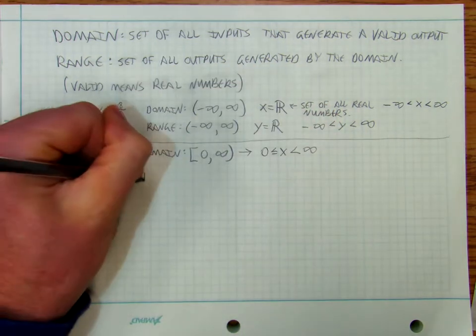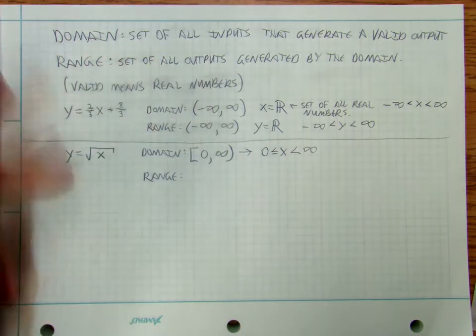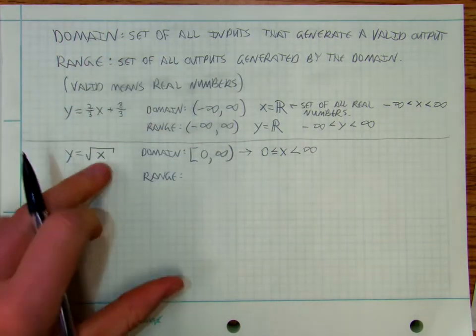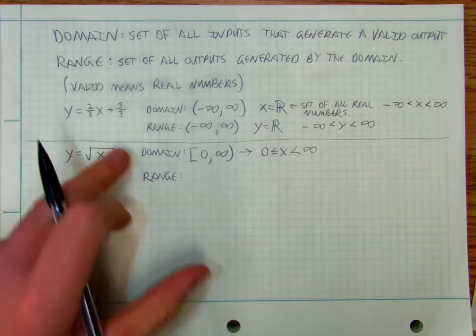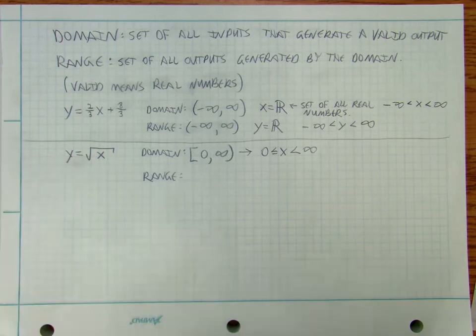And my range is going to be basically the same. If I plug in 0, I get 0. If I plug in something close to infinity, I get something close to infinity.